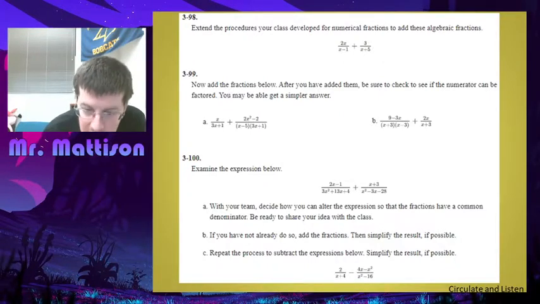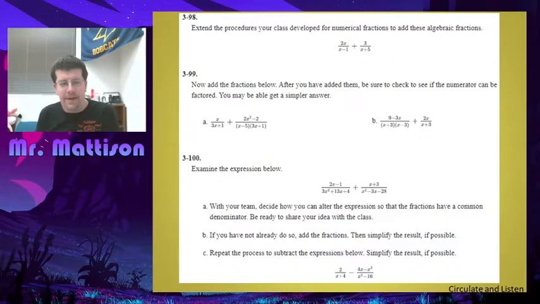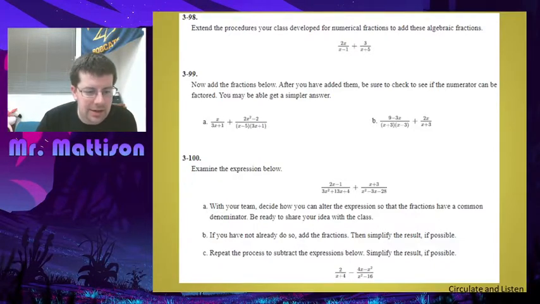All right, so we're going to have 2 over x plus 4 minus 4x minus x squared over x squared minus 16. I want to try and factor everything as much as I can here.